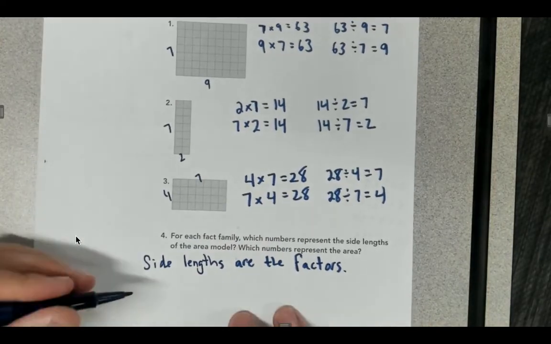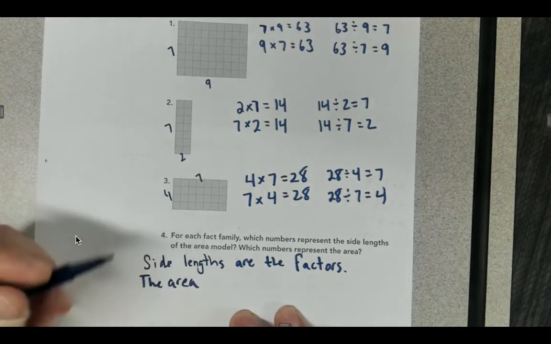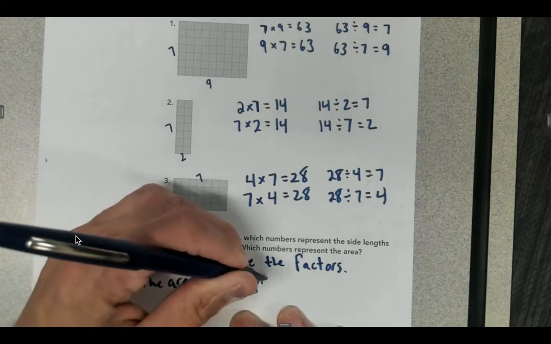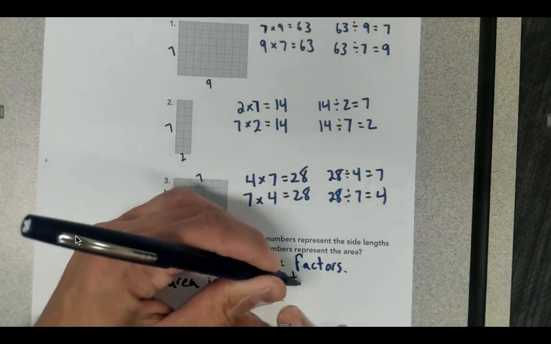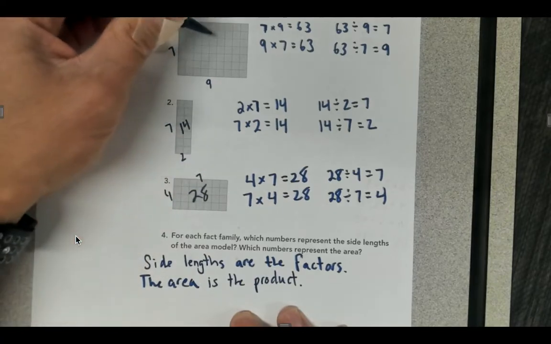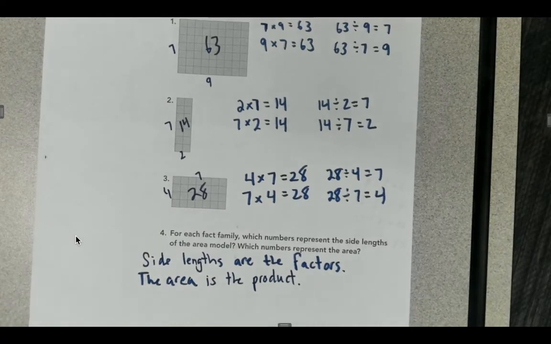Okay, which numbers represent the area? The area is the product. 4 times 7 is 28. 7 times 2 is 14. 7 times 9 is 63. Okay, so the product is the area there.